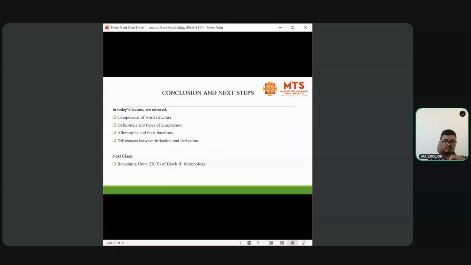We shall dive deeper into how new words are created in the English language. So this is the introductory part of morphology. With this, we'll conclude today's session.